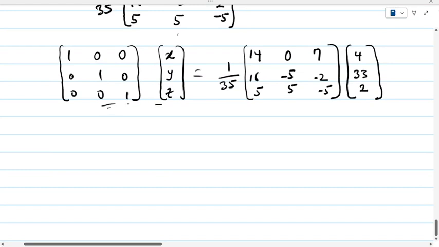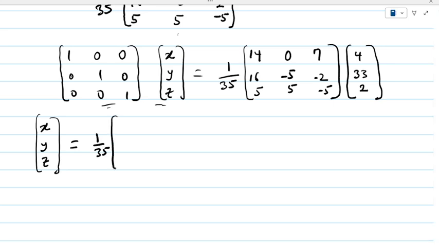1 times this is just x, y, z. And over 35. So don't forget your rule, that's row times column. So we have 14 times 4 plus 0 times 33 plus 7 times 2.